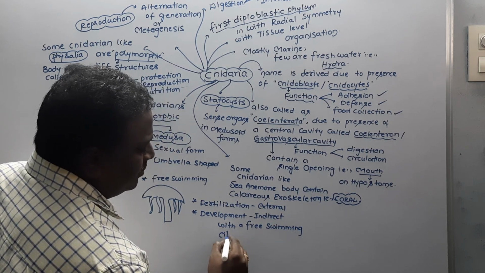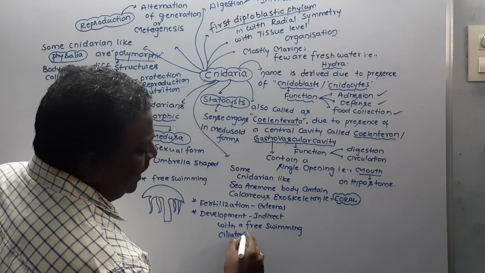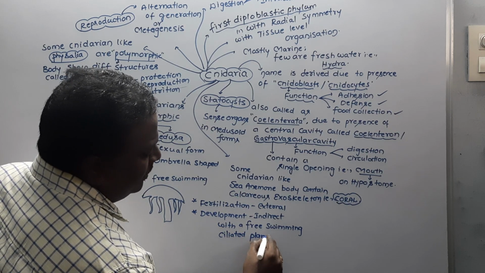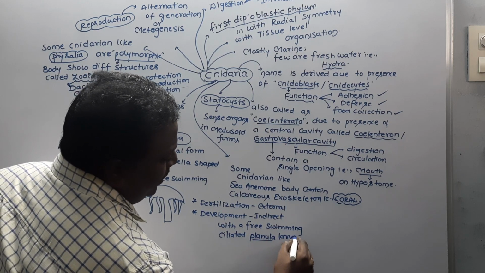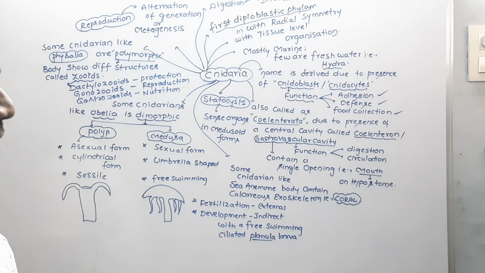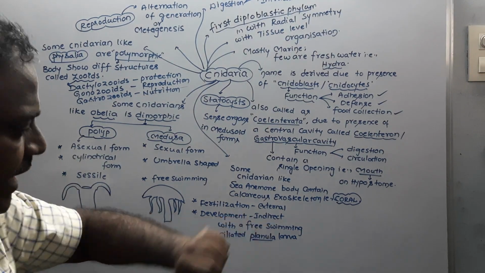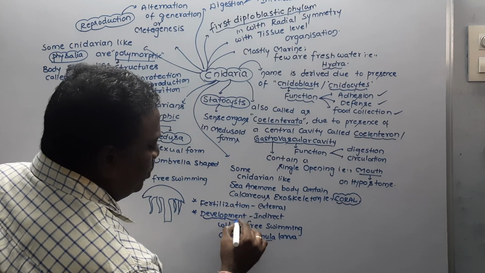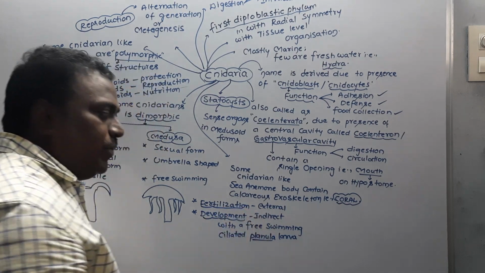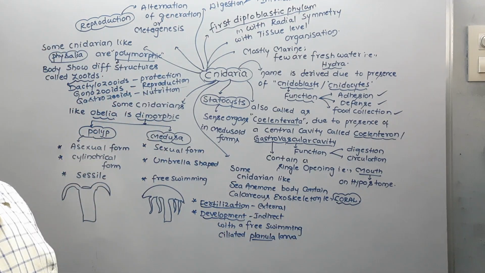The development is indirect with a free swimming ciliated planula larva. If a larval stage is present during development, we call it indirect development. One of the important points, whereas the fertilization is external.